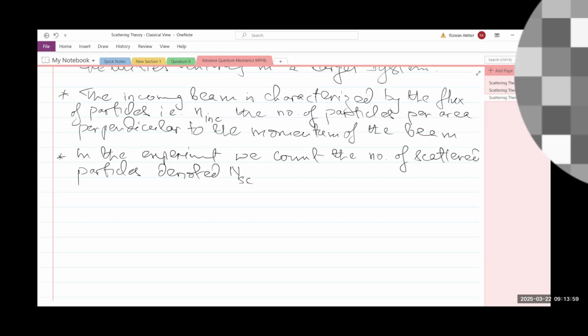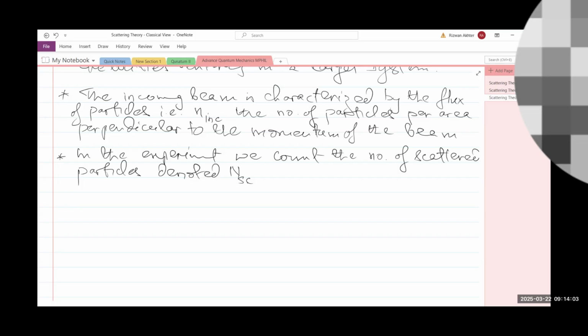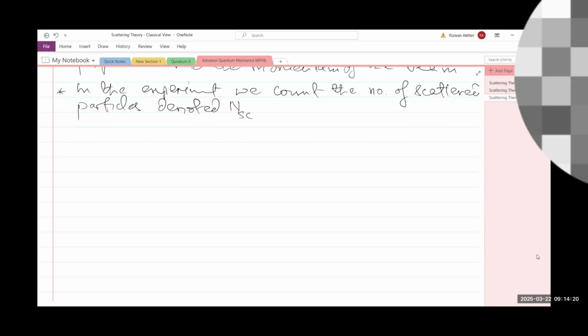One could relate the scattered particles with the incoming particles using this constant parameter, known as the cross-sectional area sigma. This is the classical approach that we want to look at first, so that our understanding develops of what is actually happening in the experiment.